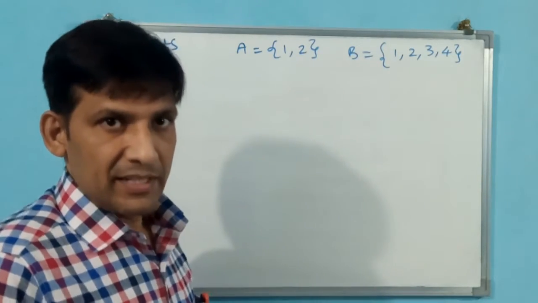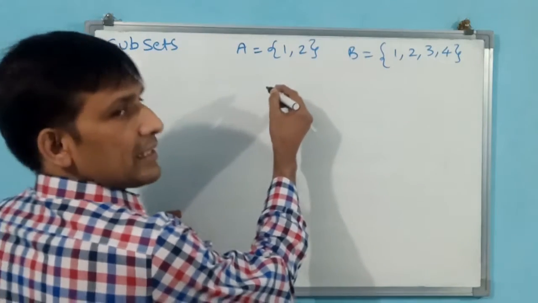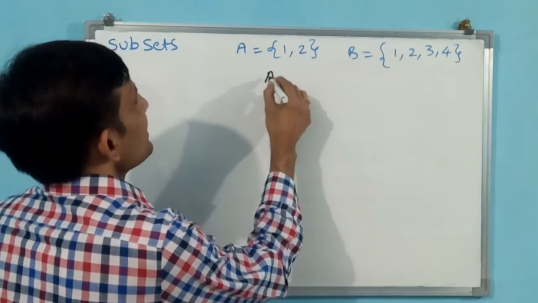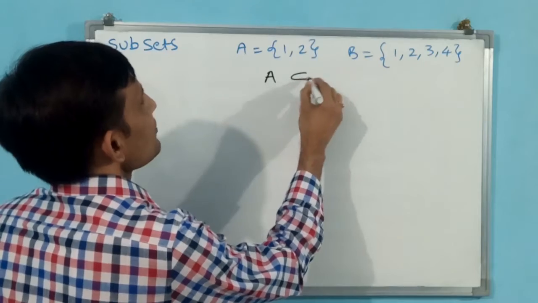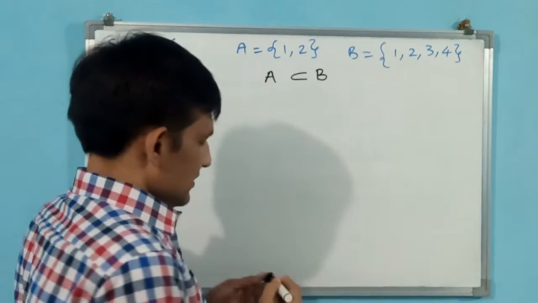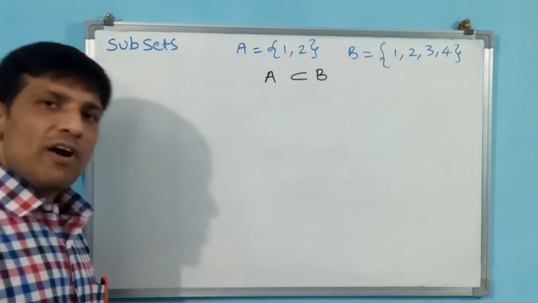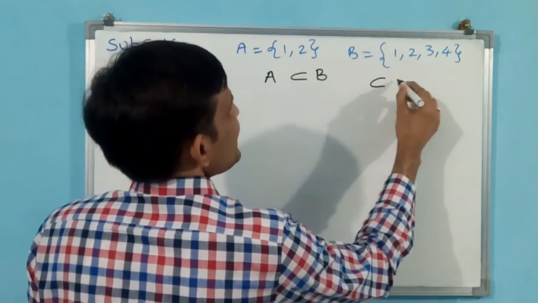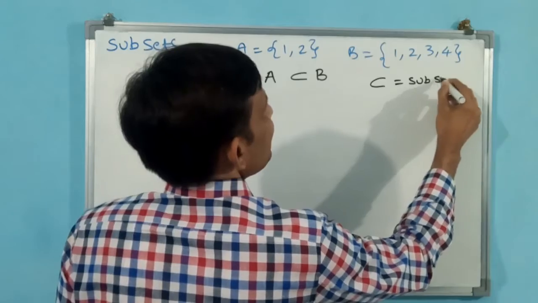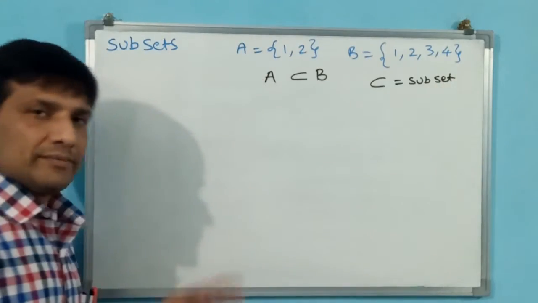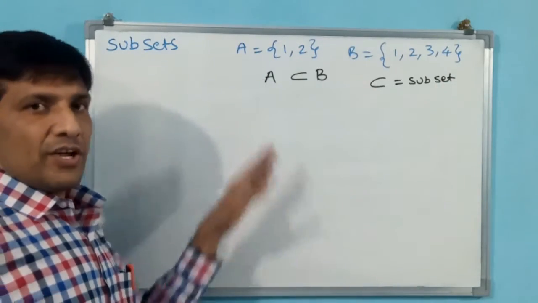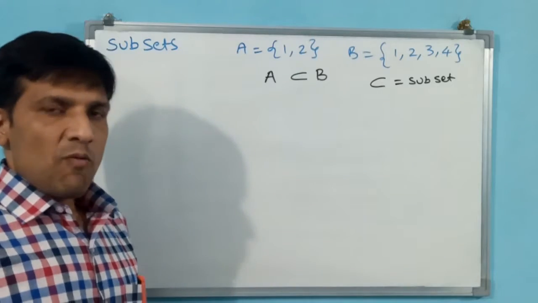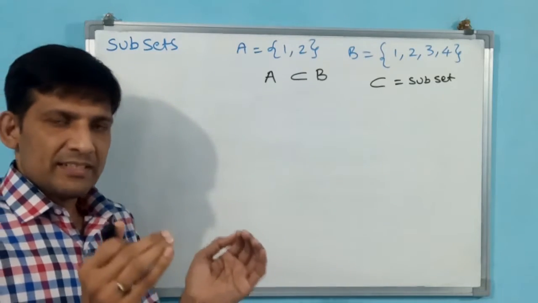In that case, we are going to call A a subset of B. This notation is called subset. Sub means we are talking in a lesser manner.